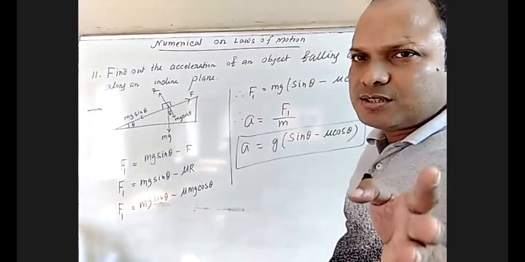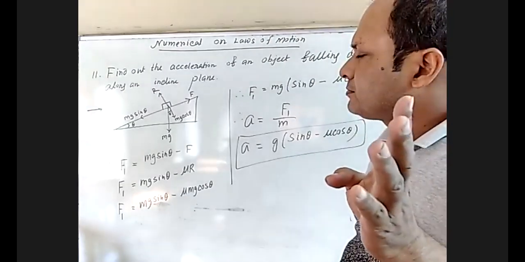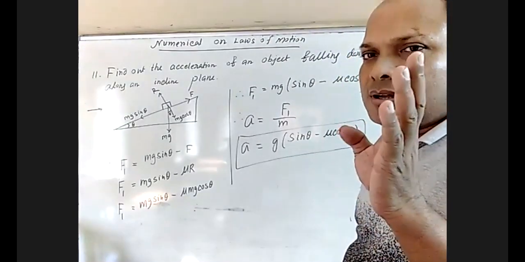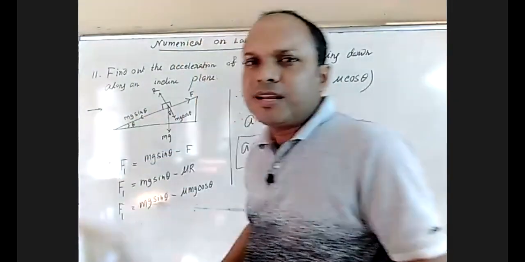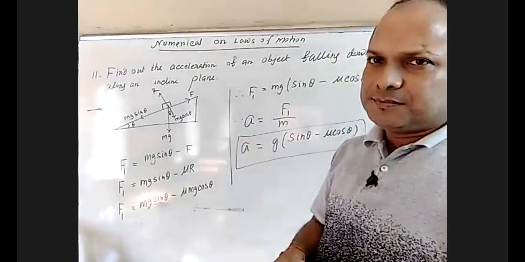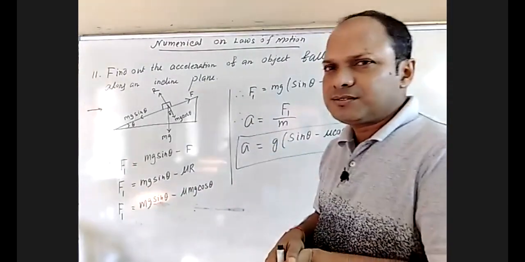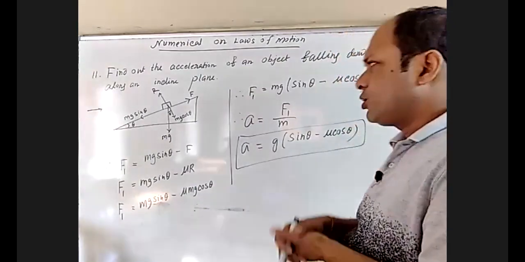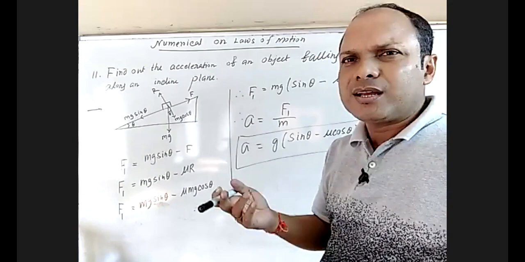You may be asked, if an object is falling down along an inclined plane having inclination angle 30 degrees, what will be the acceleration of the object, given the coefficient of friction is 0.2.